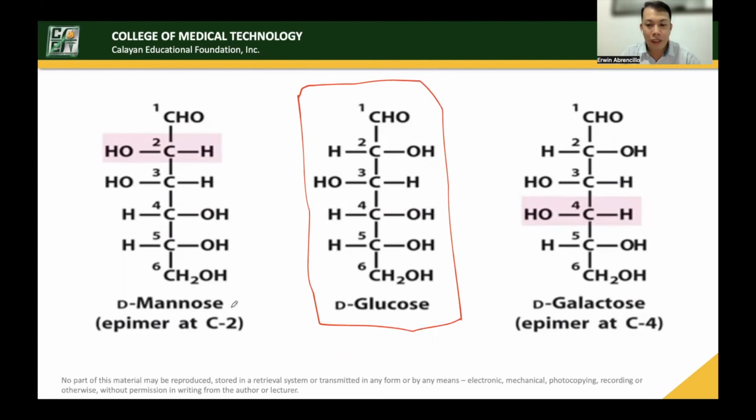D-mannose and D-galactose are both epimers of glucose, wherein here it is highlighted already. So epimer at C2, and then galactose is epimer at C4 because that is found at the fourth carbon. So that's how you analyze epimers.